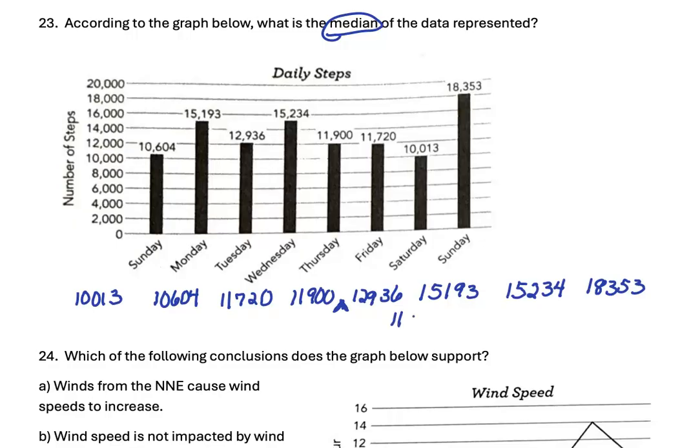I'm going to take 11,900 plus 12,936 and divide it by 2 to get the median value. In this case, that's going to be 12,418. So that's the median for that set of data. Just remember to put the data in order first before you start counting.